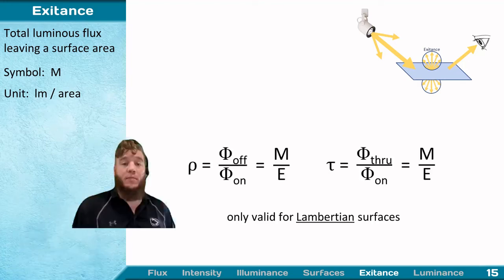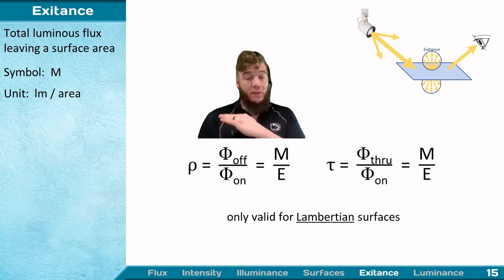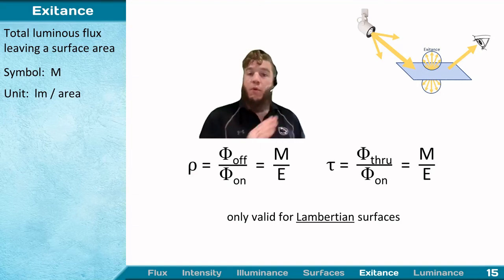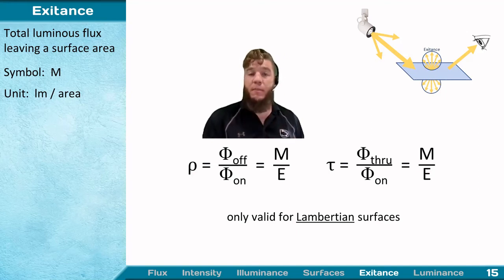And here we have them. So the ratio of M over E, so exitance over illuminance, is simply the reflectance of a surface. Or if we're talking about a transmitting surface, it's the exact same process.